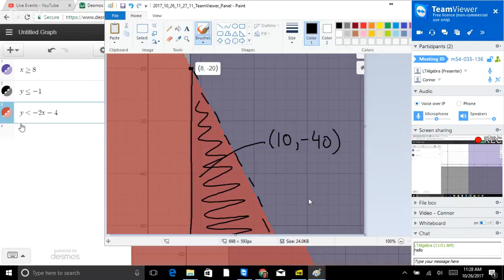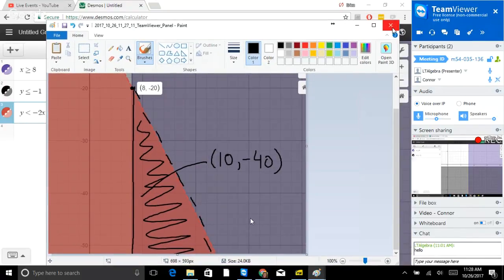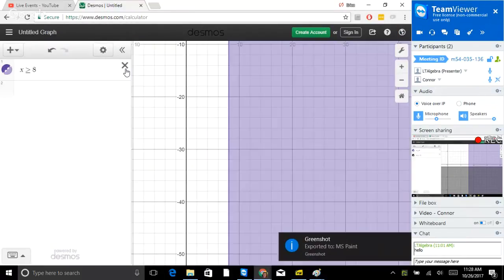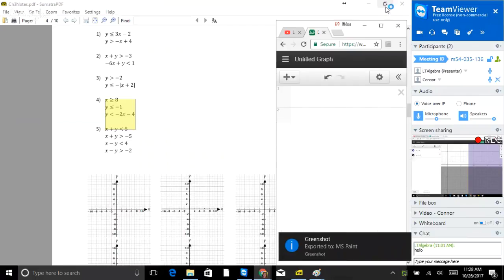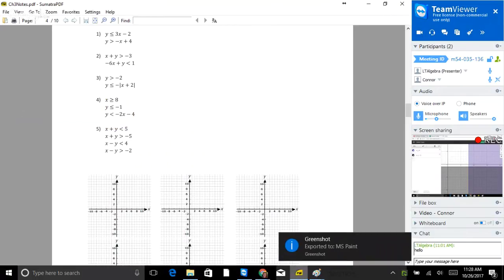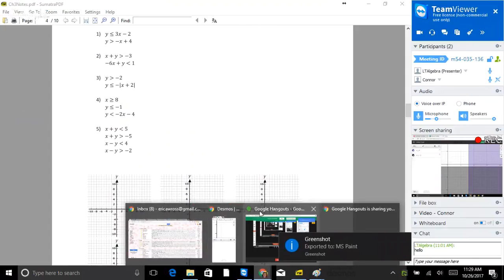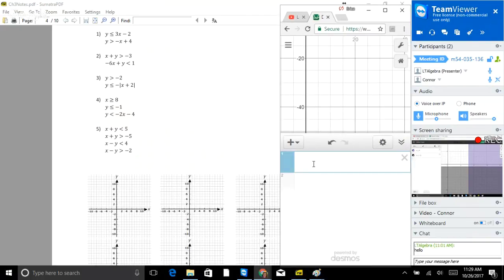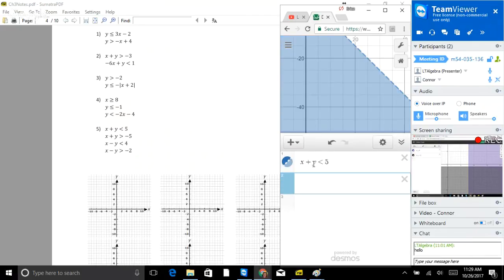Okay. And then the last one I think is just fun to graph. This one's kind of a fun one. So we actually have 4 equations that we're going to see where do all 4 of them have values that are true. If I can get Desmos up here. So I have x plus y is less than 5.